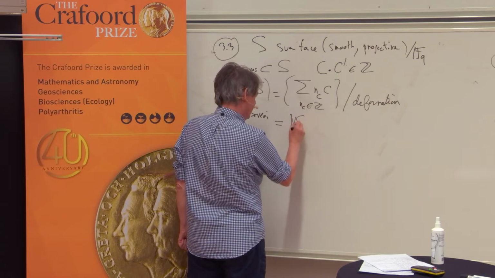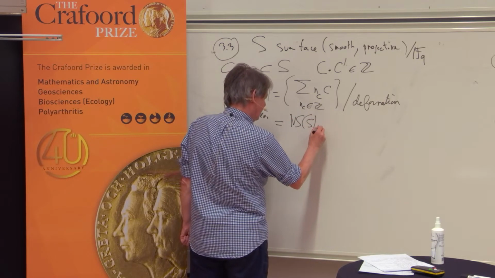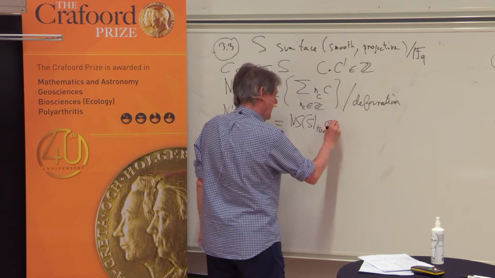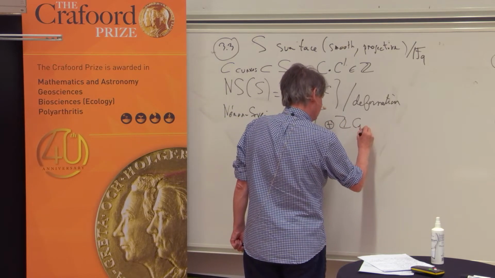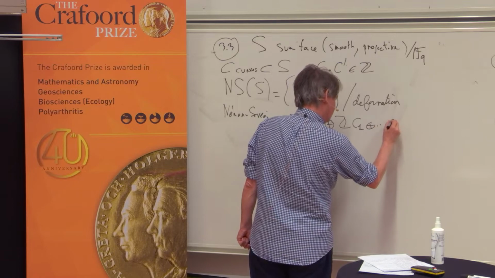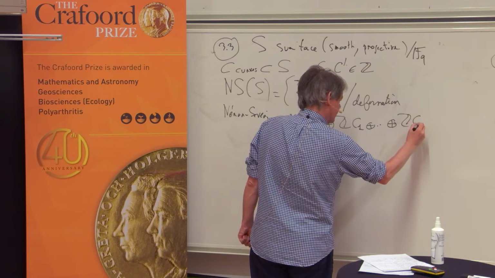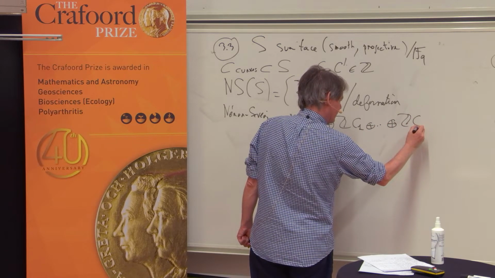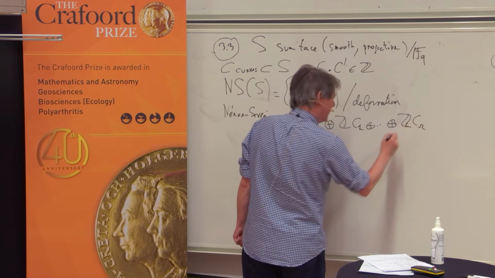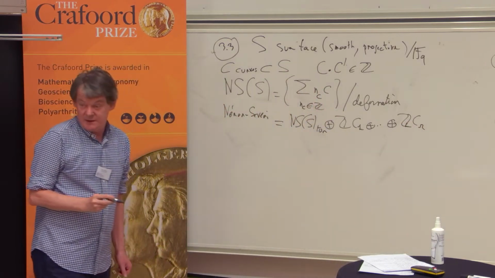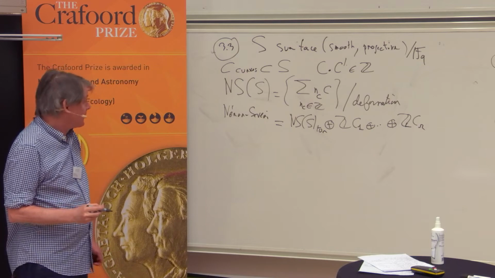So you have, again, a torsion group, and then you have a finite number of curves that will generate the group. So I will keep R. R will be the rank of the Néron-Severi group.